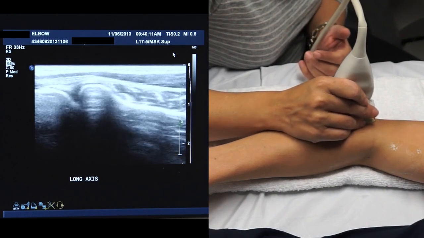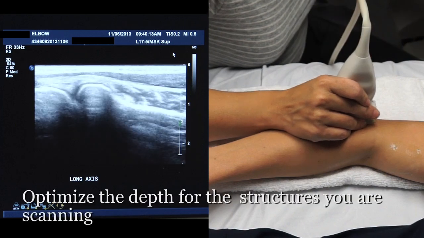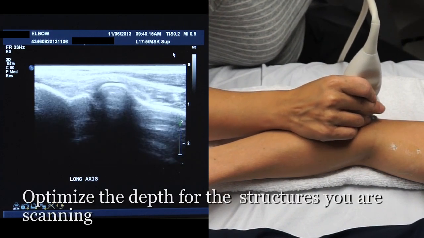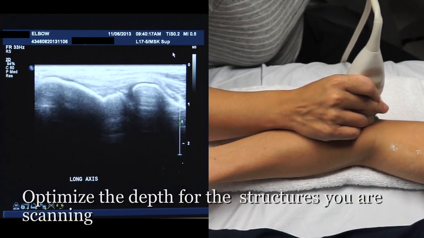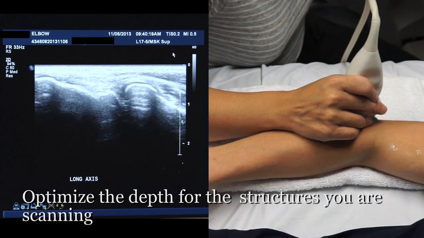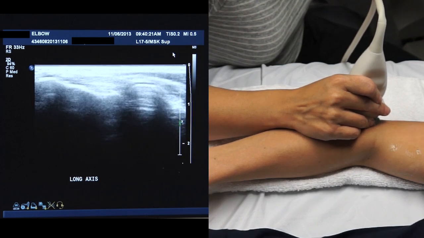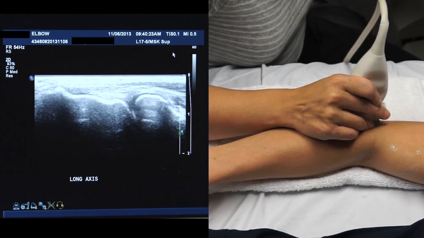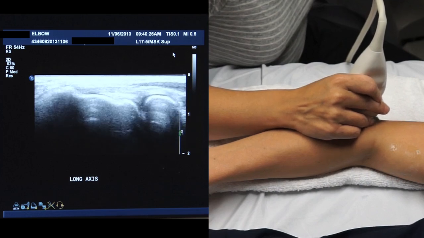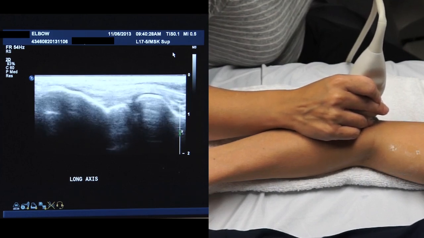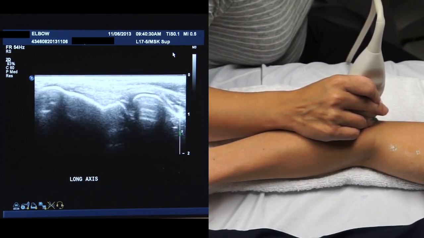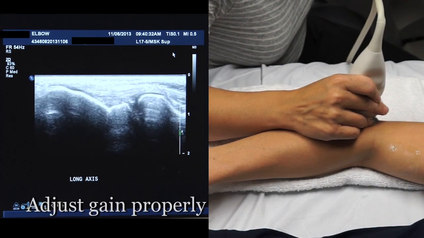Next, you want to make sure that you have your depth optimized for the structures being imaged. So in this case, you would want to make sure to decrease your depth to really center on the structures being imaged. Next, you want to make sure that you don't have too much gain.